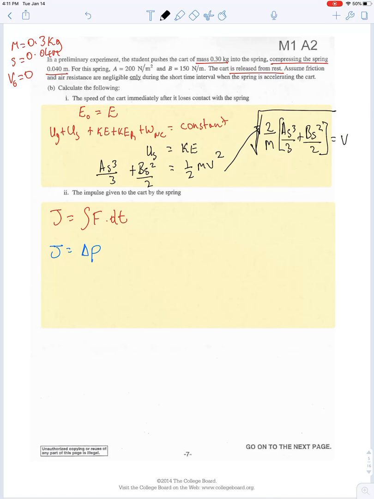That would be my v. So if I wanted to find the impulse, all I have to do is the change in momentum, which is m delta v, so m times (v minus v0). So that just gives me 2 times whatever that is.